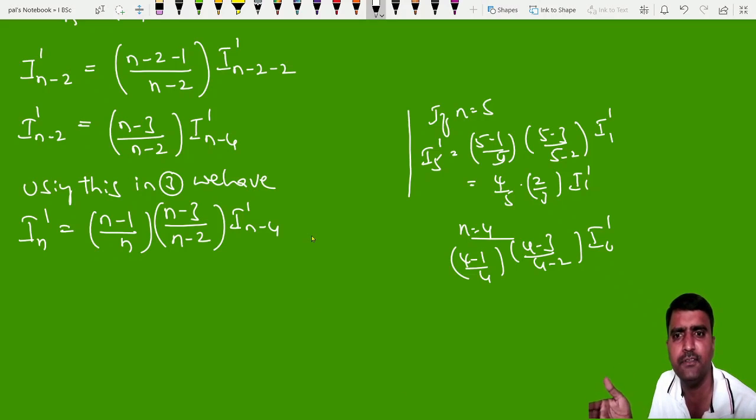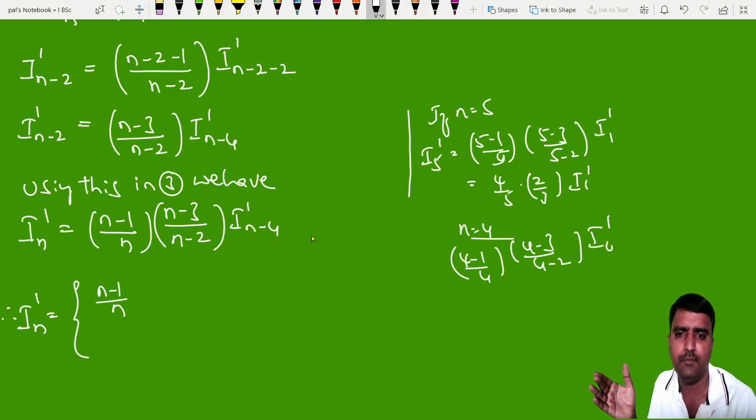Like that it continues. But just by guessing what the next steps will be, you can generalize this result. Therefore the value of I n dash is equal to n minus 1 by n into n minus 3 by n minus 2 and so on.